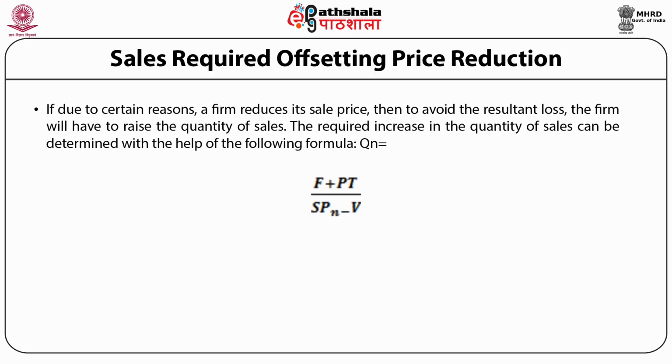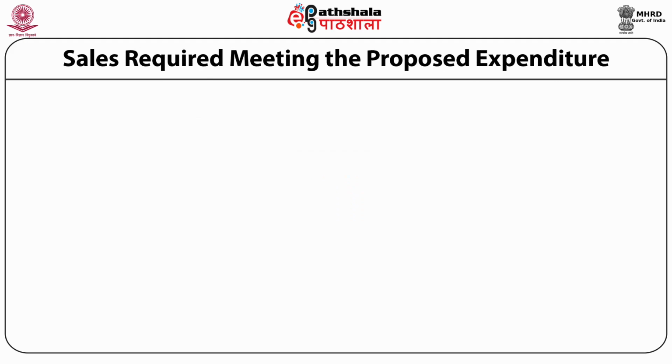That is, the required quantity is equal to fixed cost plus profit divided by new selling price minus variable cost.